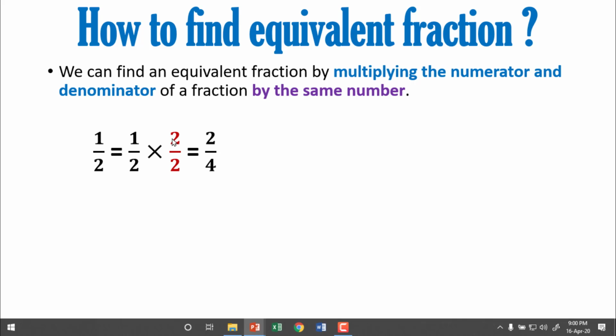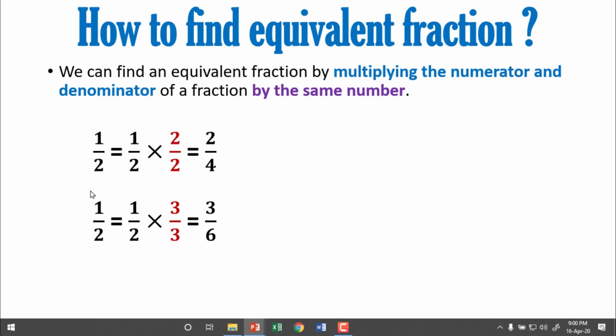So the answer will be 2 ones are 2, 2 twos are 4. So 2 by 4 is a new fraction and 1 by 2 is the original fraction. So we can say that 2 by 4 and 1 by 2 are equivalent to each other, as we multiplied the numerator and denominator by the same number.